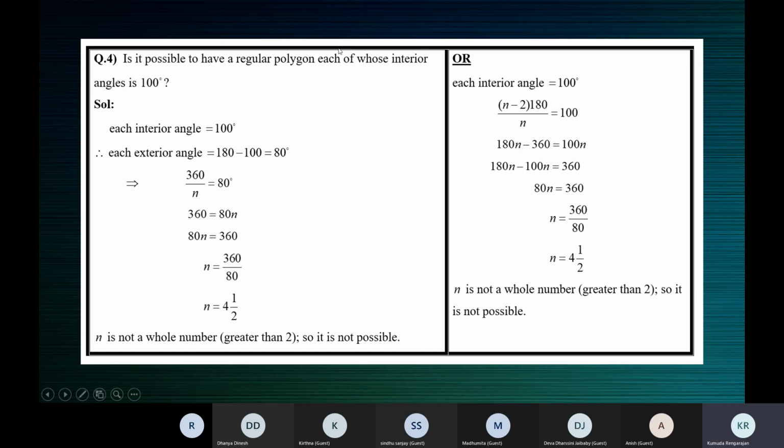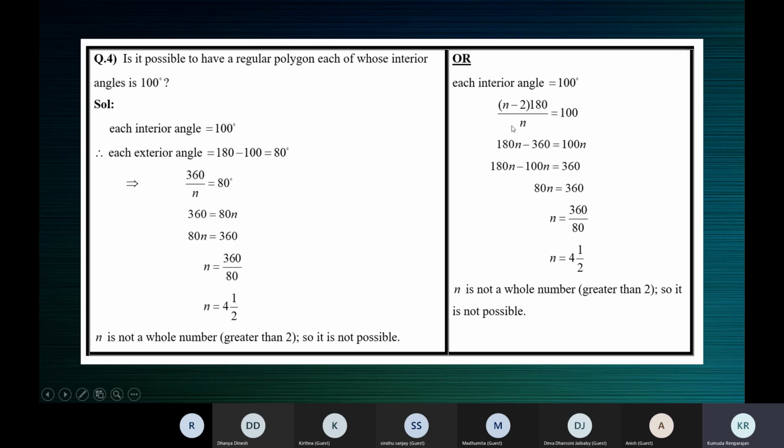See, this is the rule. We are given that each interior angle is 100, so you can work with each interior angle. You can see it in the alternate method. What do you substitute for each interior angle? (n minus 2) into 180 by n. This is how we calculate each interior angle in a regular polygon, equal to 100.